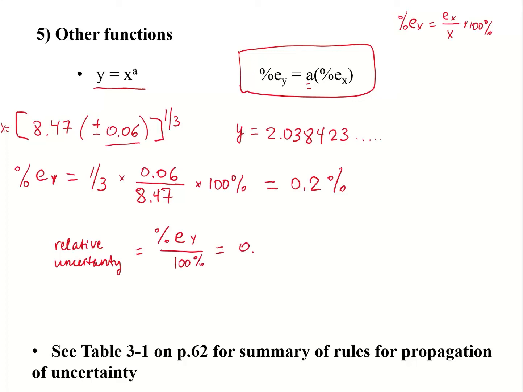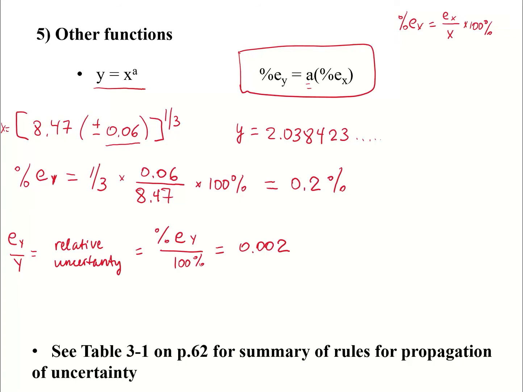This is equal to 0.002. And now I can calculate absolute uncertainty by multiplying my relative uncertainty by the value of y. Remember that relative uncertainty is also equal to the absolute uncertainty divided by the value of y.